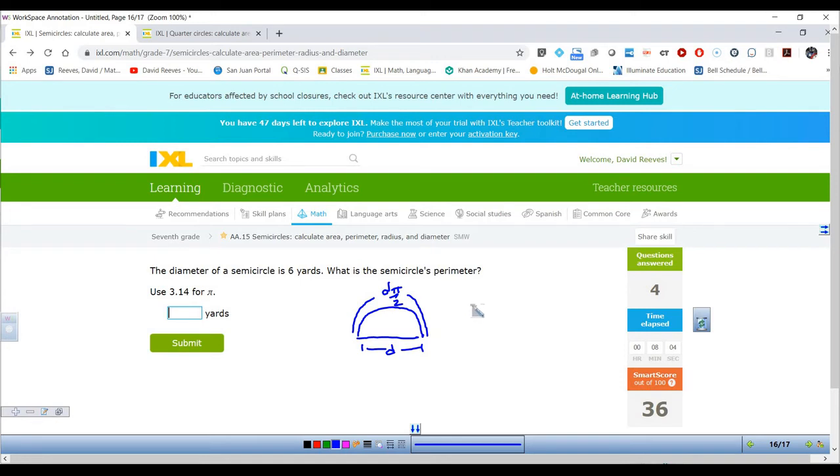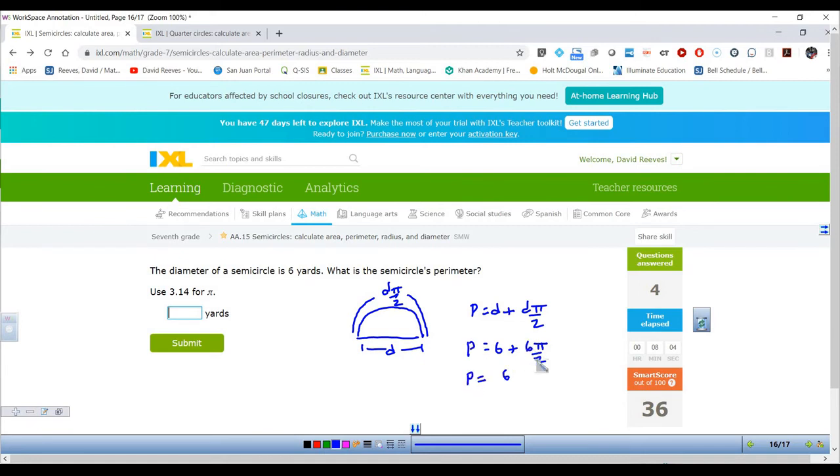All right, so the formula for the perimeter is the diameter plus the diameter times pi divided by 2. So this is actually easier. I kind of wish they had put this before, because on the other one we had to do guess and check and work backwards. Now we're just going to plug it in. So we're going to have the diameter of 6 plus 6 times pi divided by 2, and that's going to give us the perimeter.